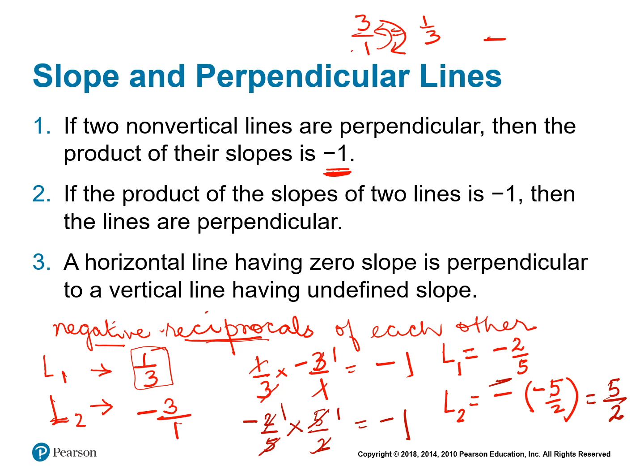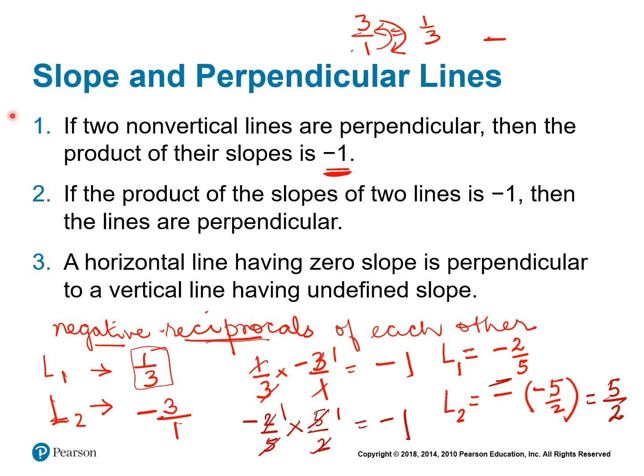The slopes of perpendicular lines are negative reciprocals of each other, which when multiplied will give us a value of -1. And also keep in mind that for perpendicular lines, if one line has a negative slope, the other line will always have a positive slope.